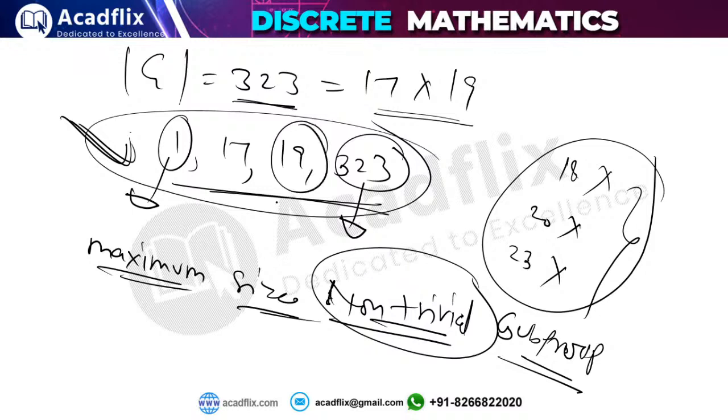So the answer will be 19. This is how you can apply Lagrange theorem. You can see this Lagrange theorem is very easy, and you can solve questions with it.